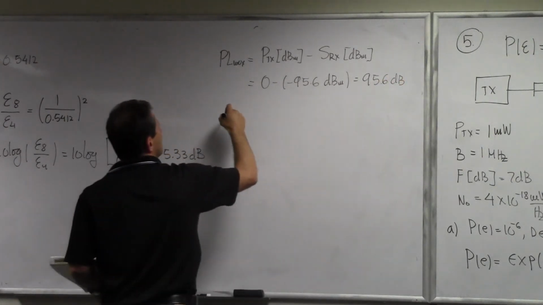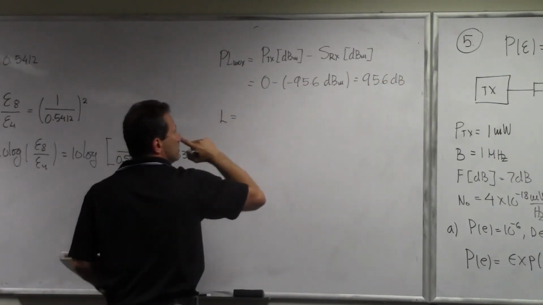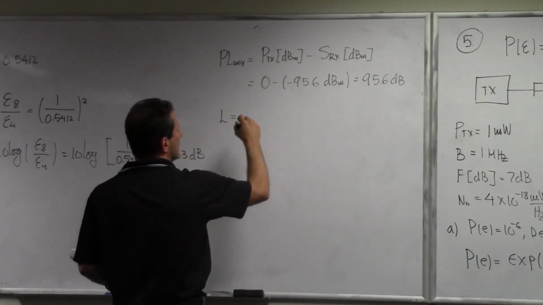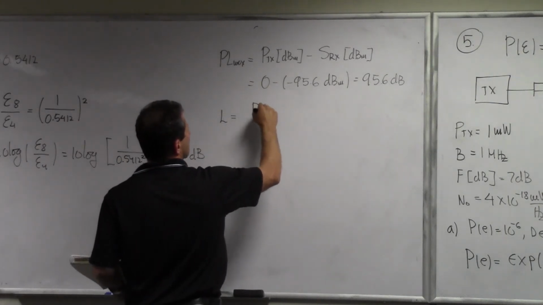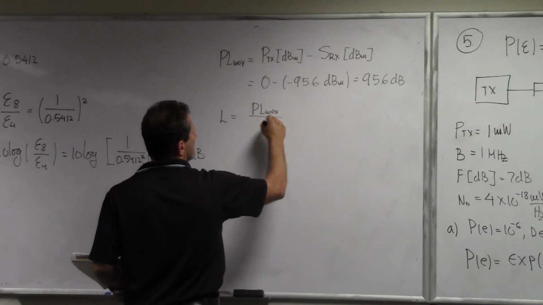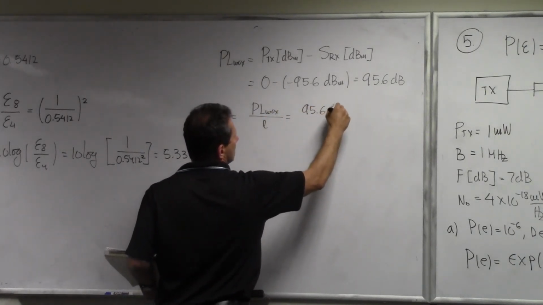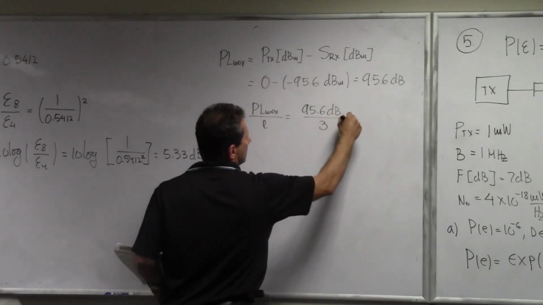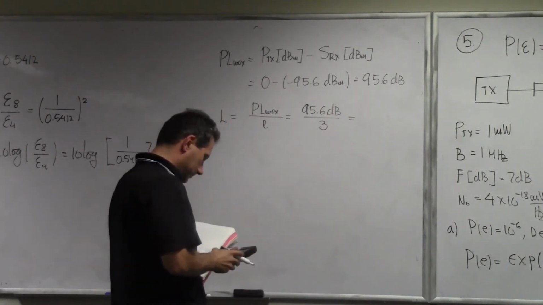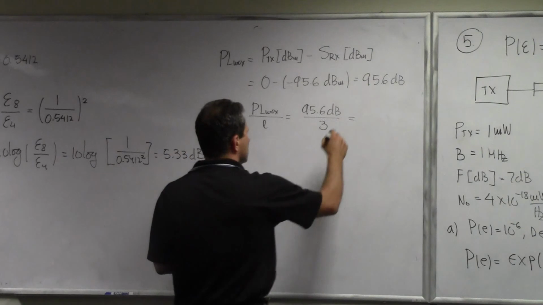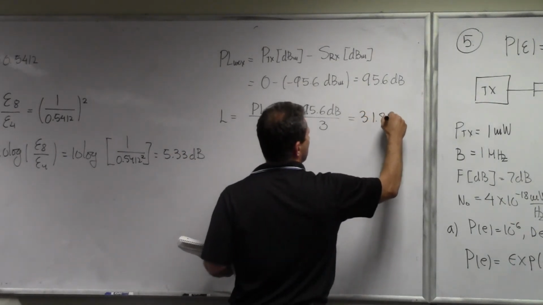If I'm losing 3 dB per meter, the length of the line is the maximum path loss divided by L, which is 95.6 dB divided by 3. So this is 31.8.